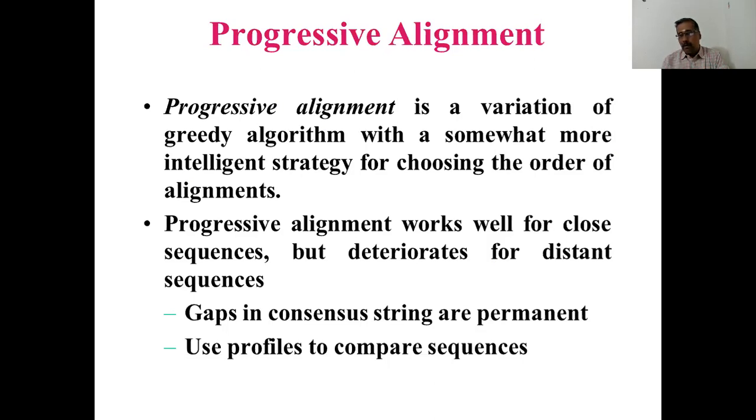Now for this 1 and 3, which sequence should be added to this pair? That will be decided purely by placing the gap. So identification of the minimal gap, if a sequence is going to be added, that will be added to the existing 1, 3, right? So it's a kind of greedy algorithm.